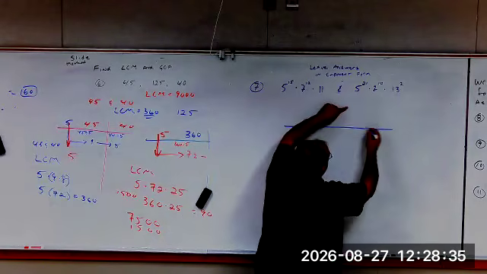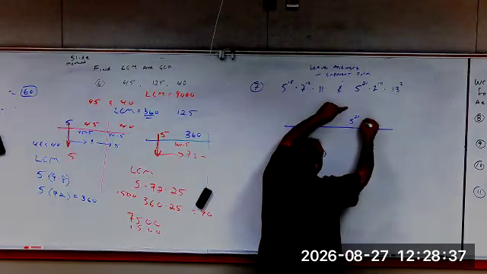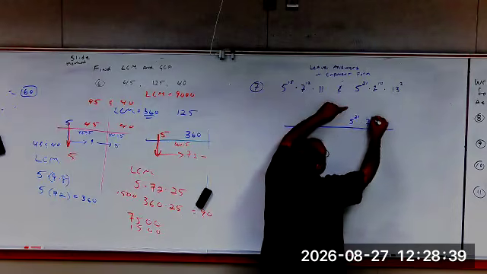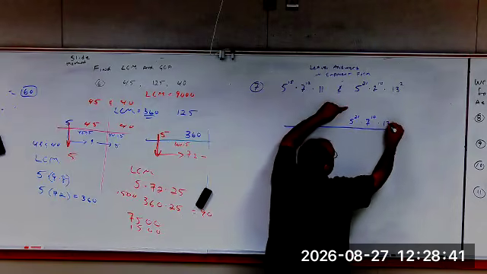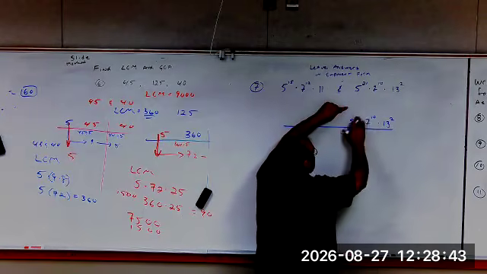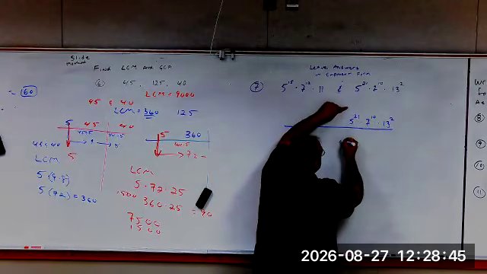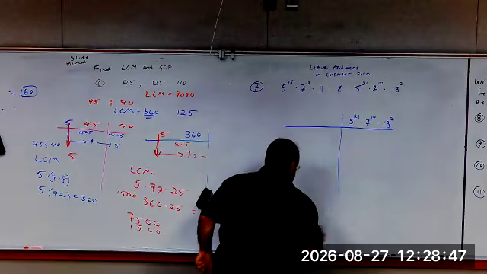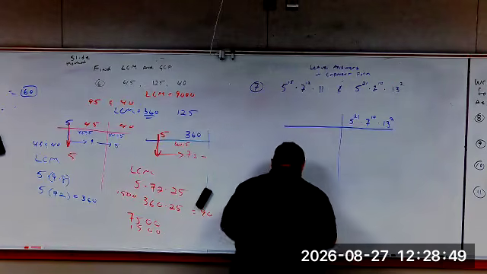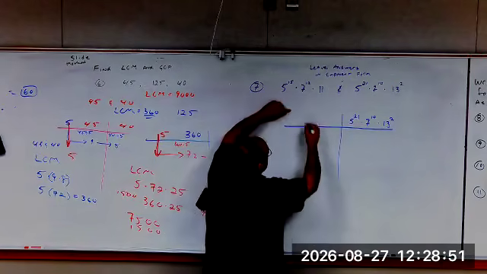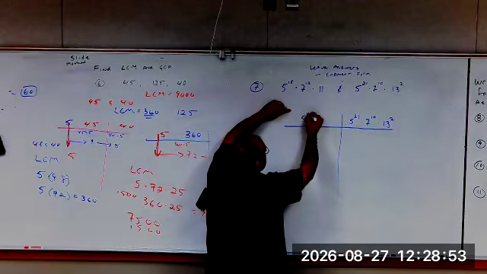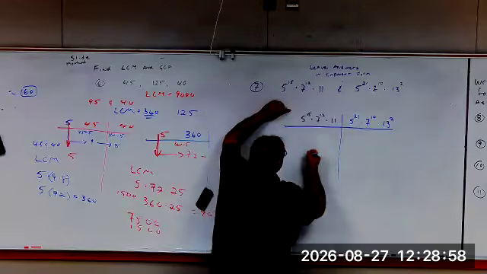So I'm going to write this one first. 5 to the 21st times 7 to the 10th times 13 to the second. And over here is 5 to the 15th times 7 to the 12th times an 11.